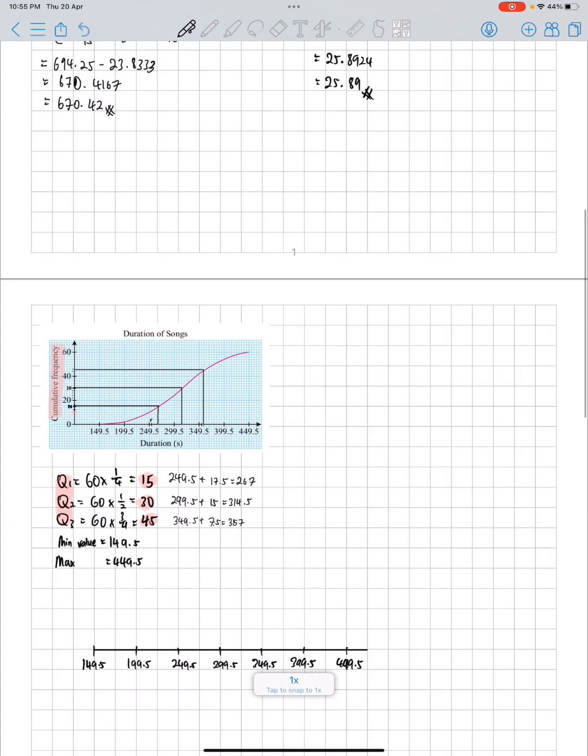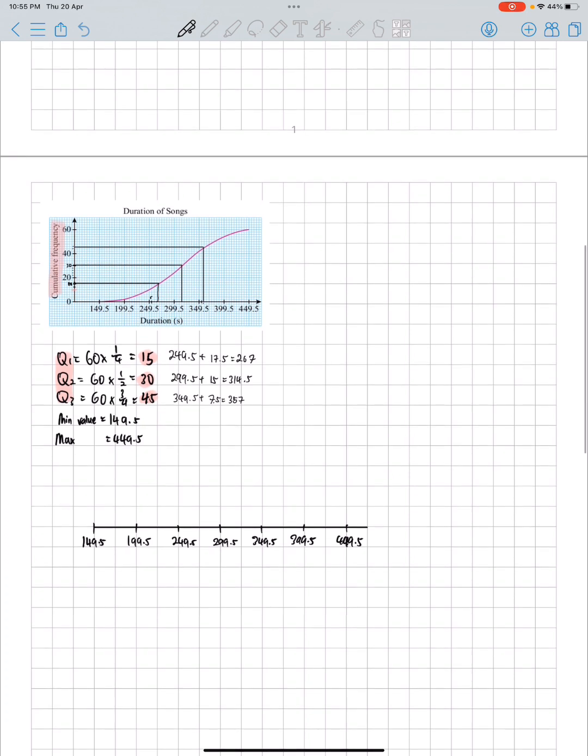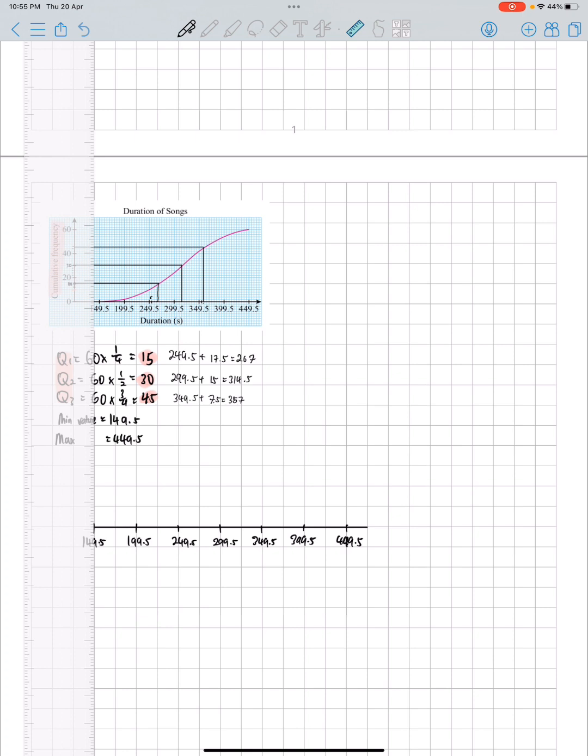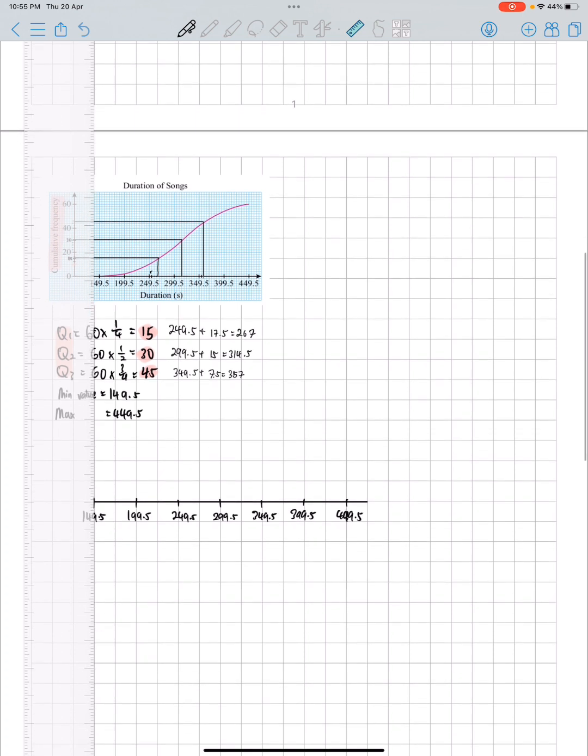So we got the 3 quartiles already. Now we can draw the box plot. The first number is 267. So 267 is right here.